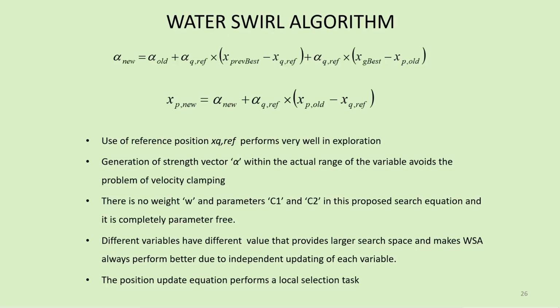We studied this behavior of water and its associated movement very strongly, and we came up with a new algorithm called the water swirl algorithm, and for that algorithm we have coined a new equation.